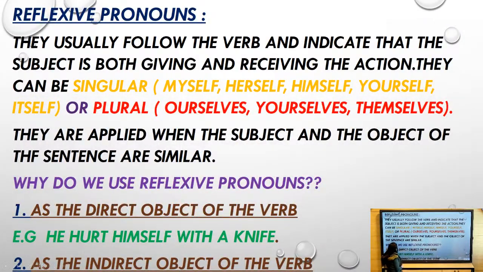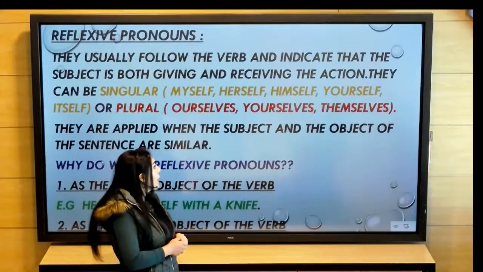Now, reflexive pronouns. Reflexive pronouns usually follow the verb and indicate that the subject is both giving and receiving the action. So they follow the verb and refer to the subject, meaning the subject is giving and receiving the action.